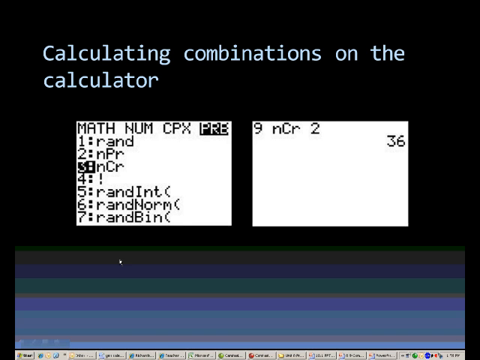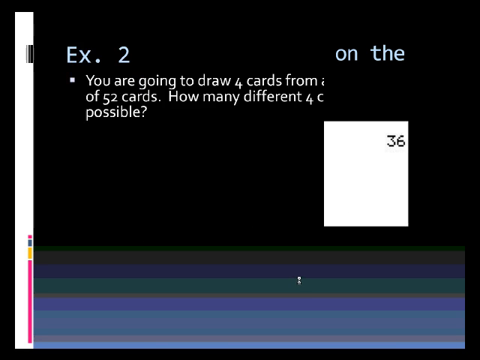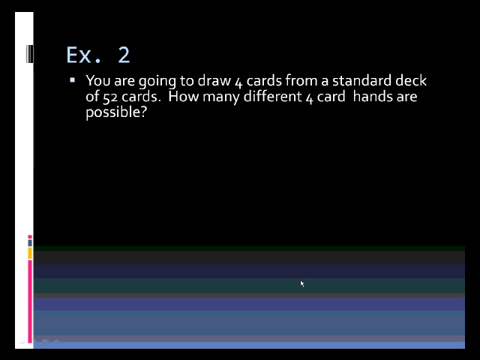Let's go to some examples. Let's talk about this card problem you'll see next. You're going to draw 4 cards from a standard deck of 52 cards. How many different 4-card hands are possible? Is this a combination or a permutation? Combination. Why? Right.